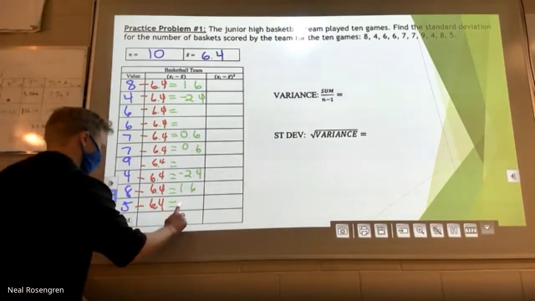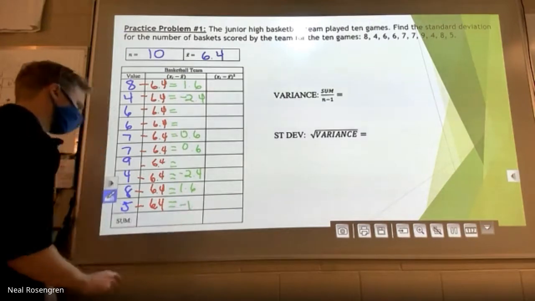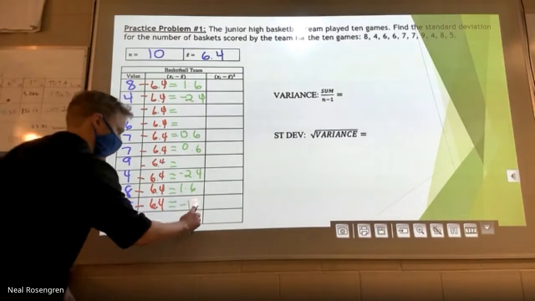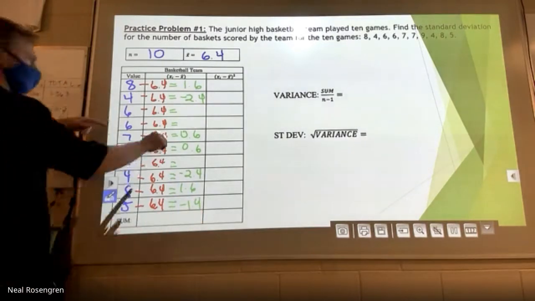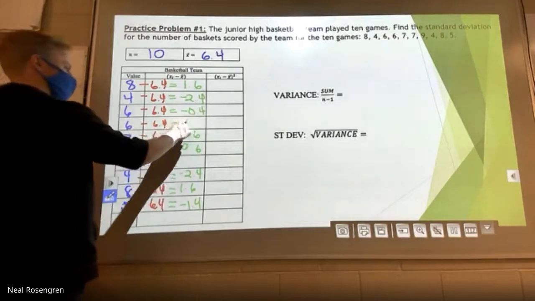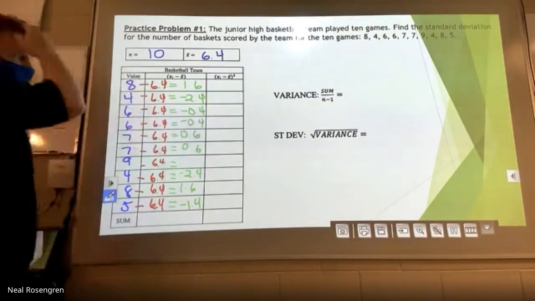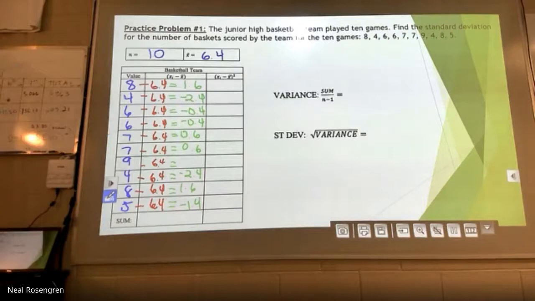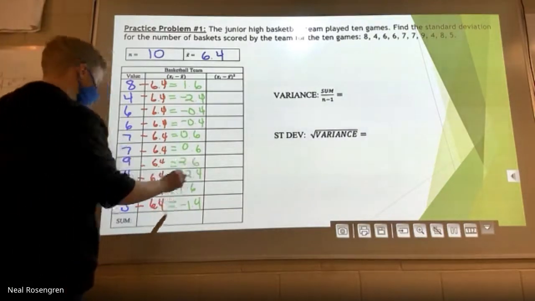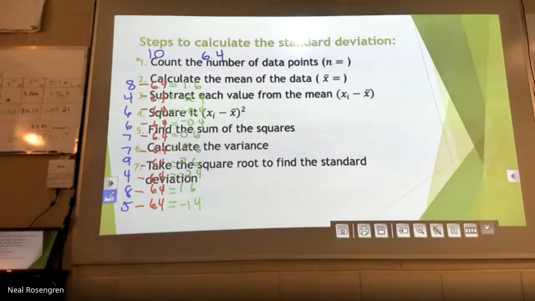Negative 1.4. Okay. Negative 0.4. And I like to put the 0 up front for anything that's got no number on the other side of that decimal. This reminds me that it's there. 2.6. Okay.